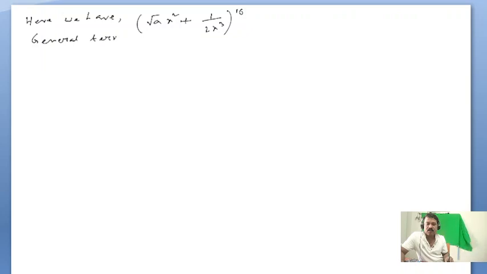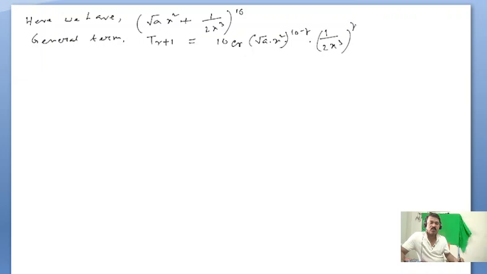General term, that is the (r+1)th term. We get here 10Cr (square root of a into x squared) to the power 10 minus r into (1 by 2 x cubed) whole to the power r.